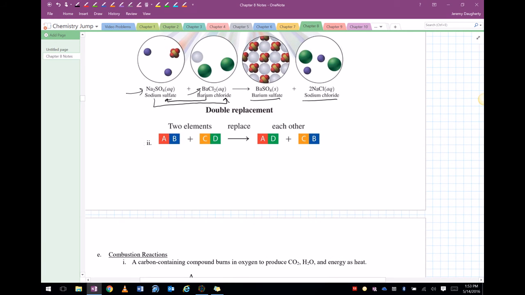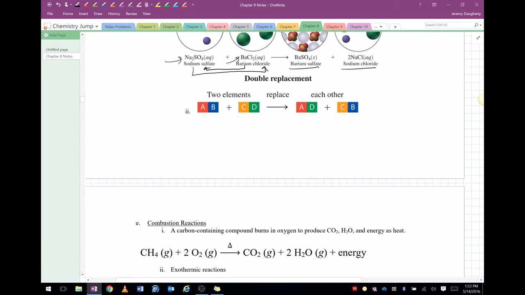Okay. Now let me show you another one of these. Let's do a good one. Let's do magnesium phosphate, Mg3(PO4)2, we'll say that's aqueous, is going to react with, let's go with aluminum sulfate, Al2(SO4)3.